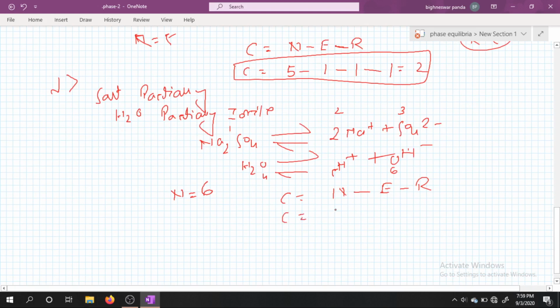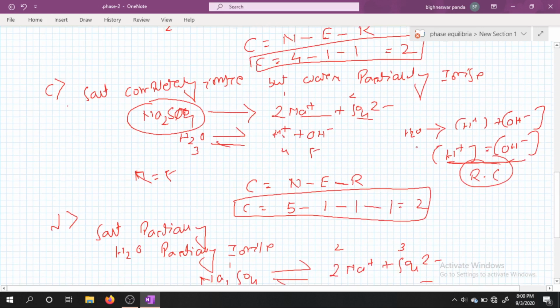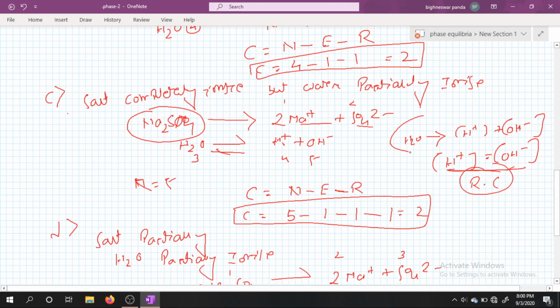C is equal to number of species 6 minus 2 equilibriums, and restricted conditions: 1 for ions, charge on cations is equal to charge on anions, and another is the concentration of H plus ion equal to OH minus, and this is applicable only if H plus and OH minus come from water only.